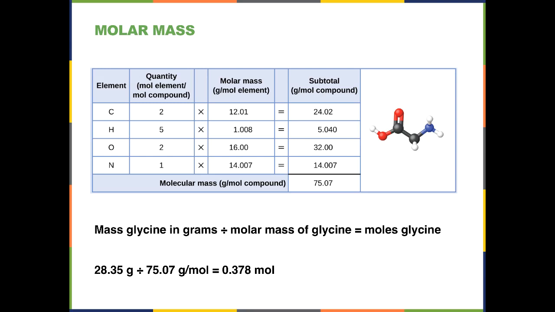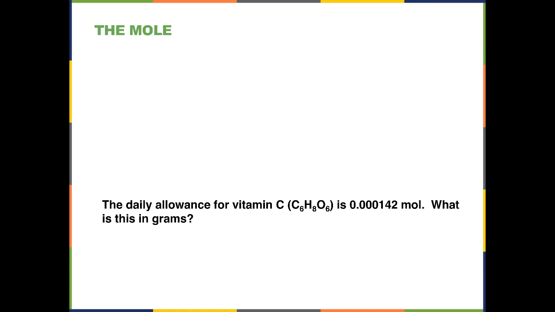A daily allowance for vitamin C, given here, is 0.000142 moles. What is this in grams? Since I've given you the formula here, I'm going to let you stop the tape and do the calculation and see if you get the right answer.